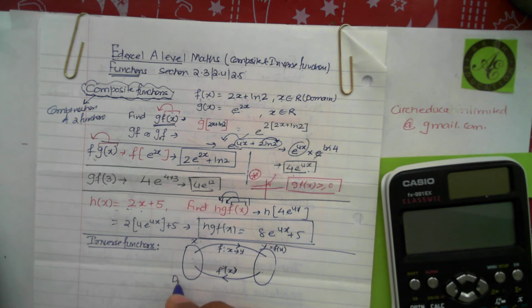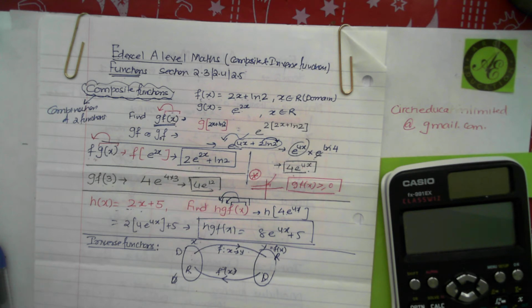So this was the domain set for the normal function, and that was the range set for the normal function. If you look at this diagram carefully, this range set will become the domain for the inverse function, and the domain set of the original function will become the range for the inverse function. Very important property, guys, and you've got to understand this very carefully, with some exceptions, some restrictions at times, but generally speaking, the domain of the original function becomes the range set of the inverse function, and the range of the original function becomes the domain set of the inverse function.